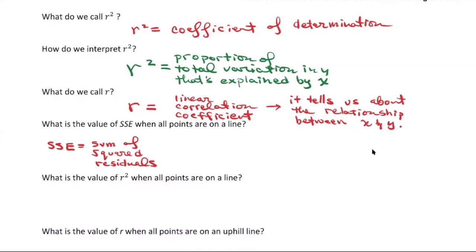So what is the residual when a point is on the line of best fit? That's a question for you. What's the residual for a point that's on the line of best fit? And remember, the residual is the distance from the point to the line. 0. So if all the points are on the line, then all the residuals are 0. And so the sum of squared residuals will be 0.